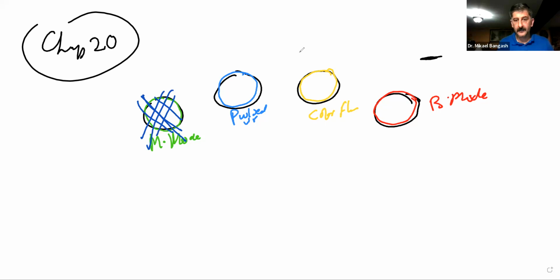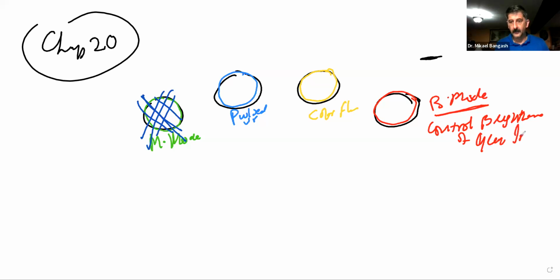But one thing that we know is that B mode is the way by which we control the brightness of regular gray imaging. Did that make sense?